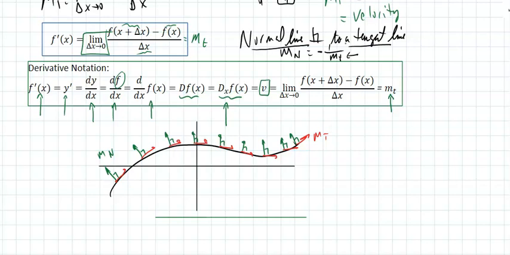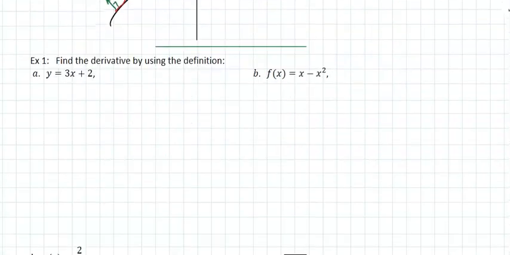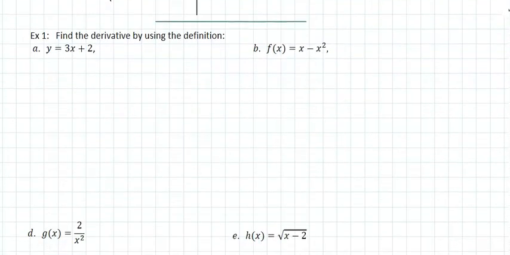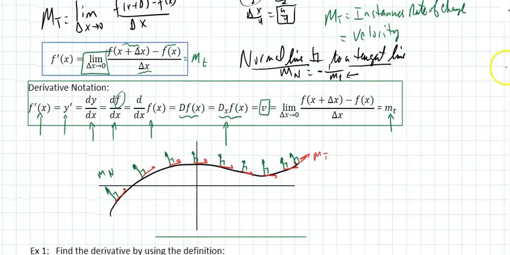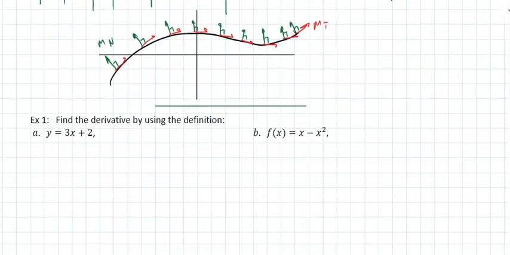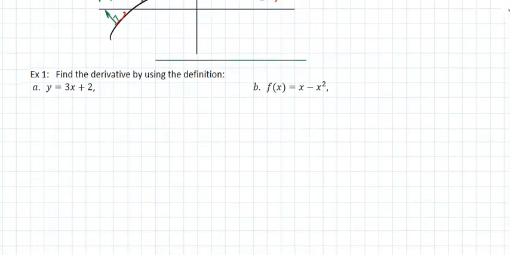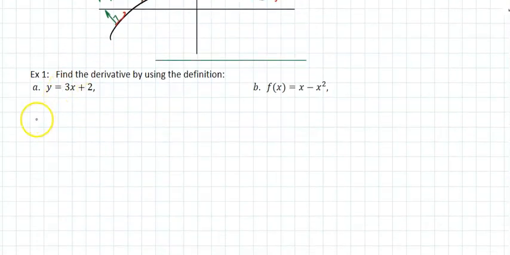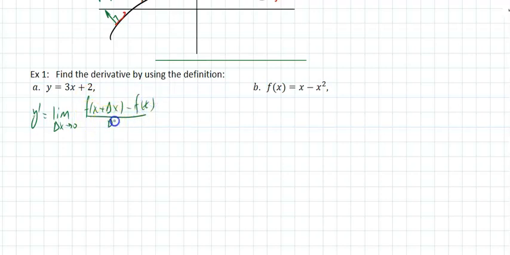We're going to do a couple of examples in 2.5, and then I have 4 examples to work out. Example 1, let's apply this derivative, and there it is. If they say find the velocity, or find the slope of the tangent, they're saying the same thing. You're going to say y prime, or f prime, is the limit as delta x approaches 0 of f of x plus delta x minus f of x over delta x.